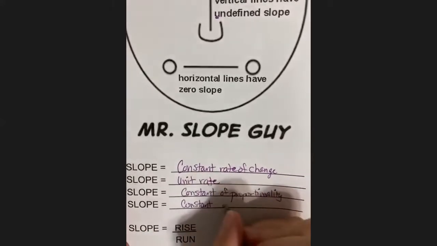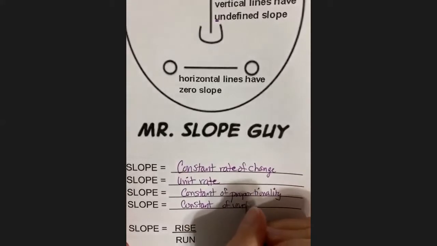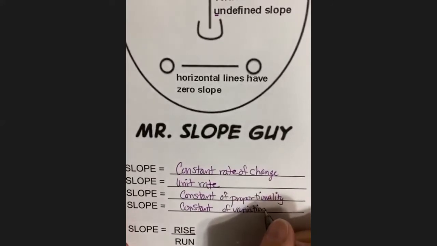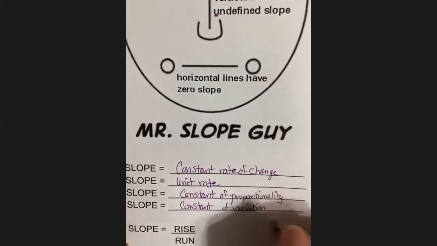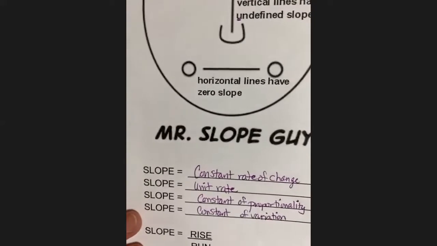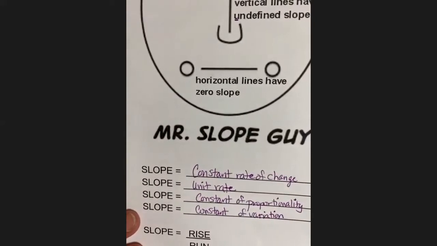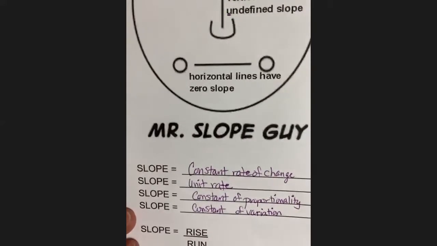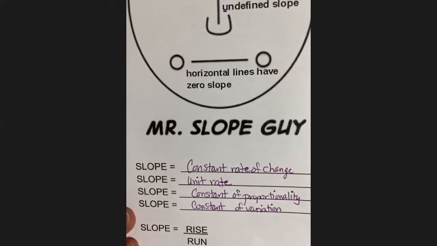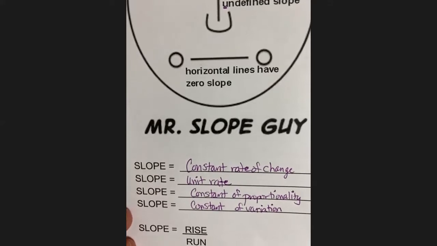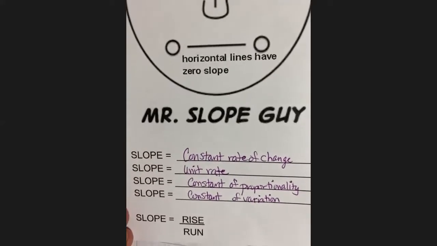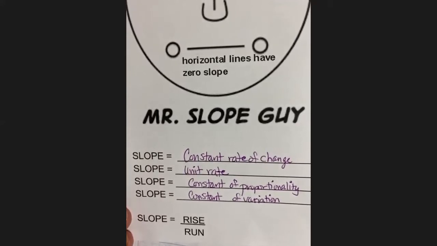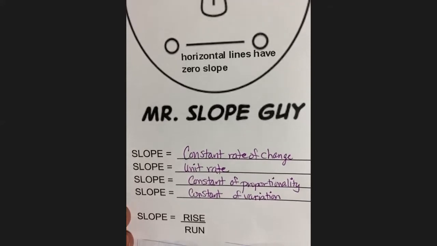And we're giving you all of these language words because these are all words that you could possibly see on the STAR test or in your life in math, and understanding that if they say, what is the constant rate of change, they're asking for slope. If they say, what is the unit rate, they're talking slope. If they want the constant of proportionality, they're talking about the slope of a line. The constant of variation, like how much does it vary, that is the slope as well, as long as it's constant. So you see they're constant, meaning it grows at the same rate of change.